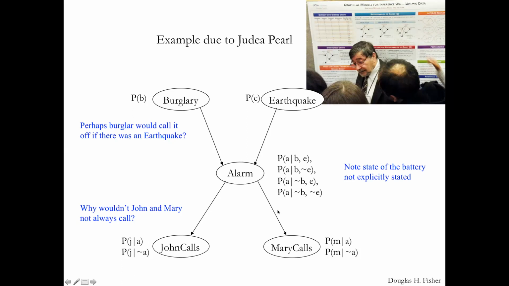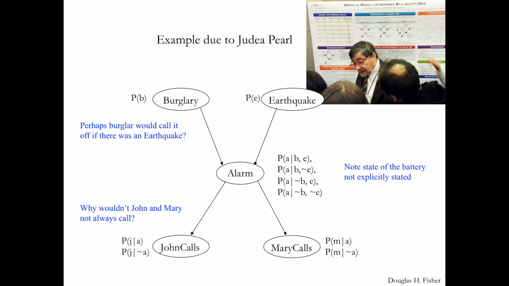So if we know the alarm goes off, Mary will call independent of what caused that alarm. You might say these are not entirely necessarily reasonable. Some would argue that we should have a link from earthquake to Mary calls, because if an earthquake goes off, maybe somebody will call it in, but there's probably no need to notify anybody if an earthquake is called, right?